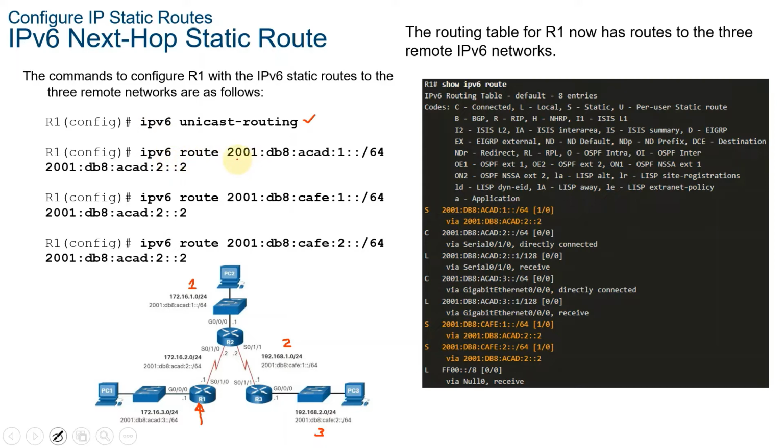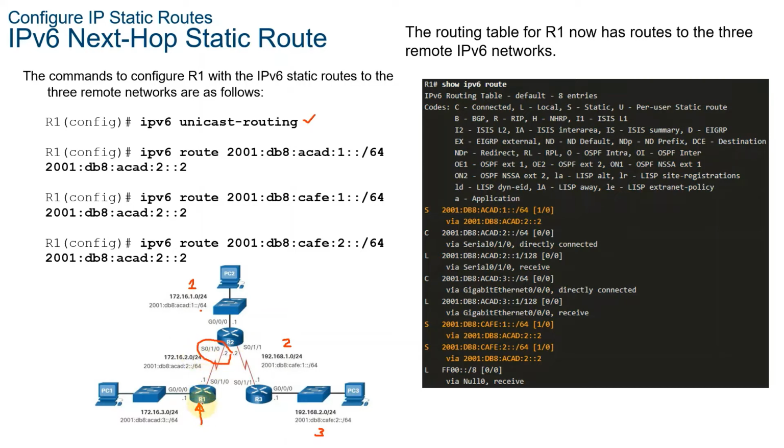The syntax shown earlier would be ipv6 route, and then your remote network, which is 2001:DB8:ACAD:1::/64. That's on R1. This is the first remote network, and this is our next hop.